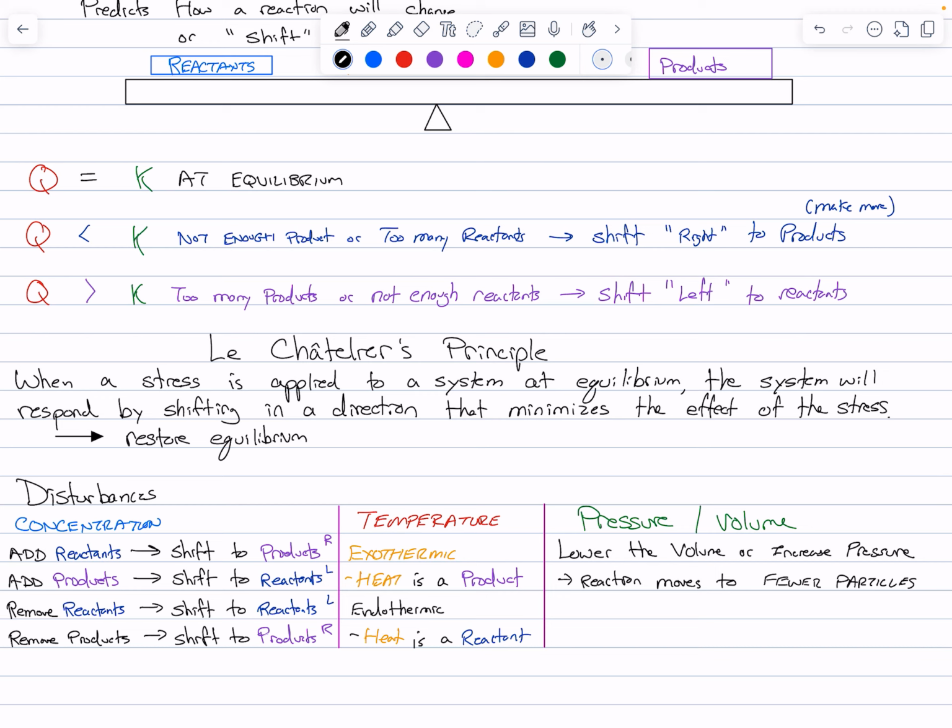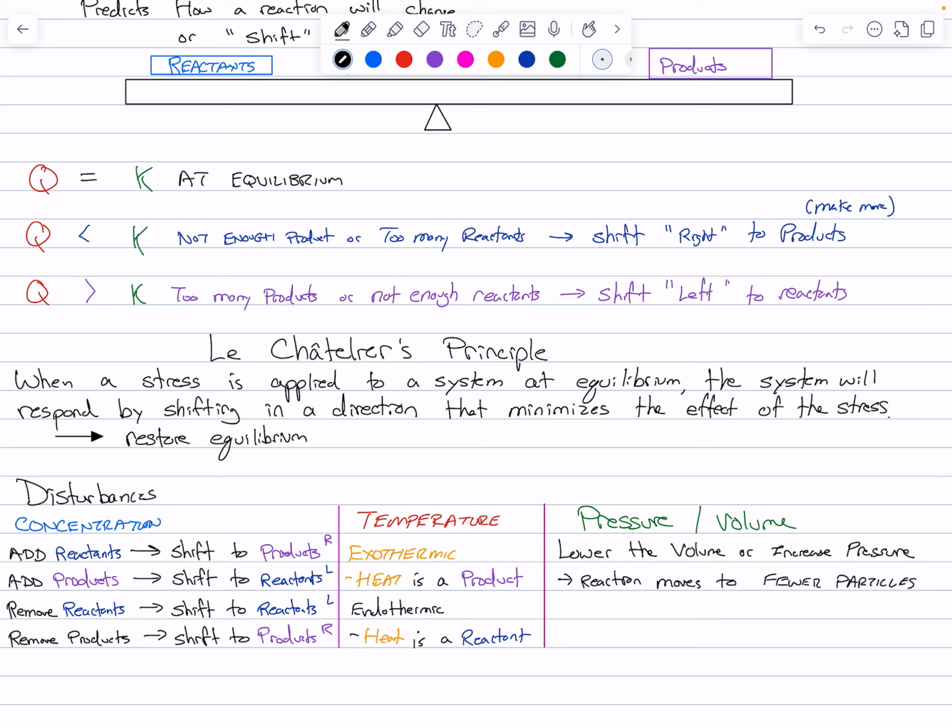But if we actually do lower the volume, make them closer and closer, if I have 5 moles of reactant gas and 3 moles of product gas, well, 3 moles of gas takes up less volume than 5 moles of gas. So if we shrink the volume, it'll go to the product side, with 3 moles of gas versus 5. It goes wherever it takes up less space.